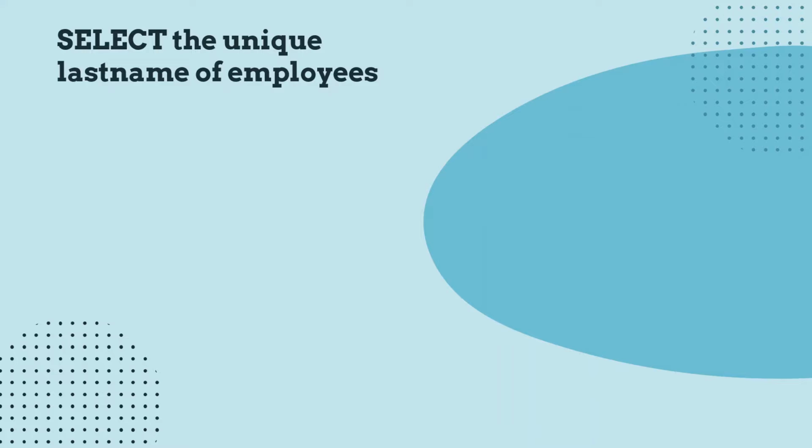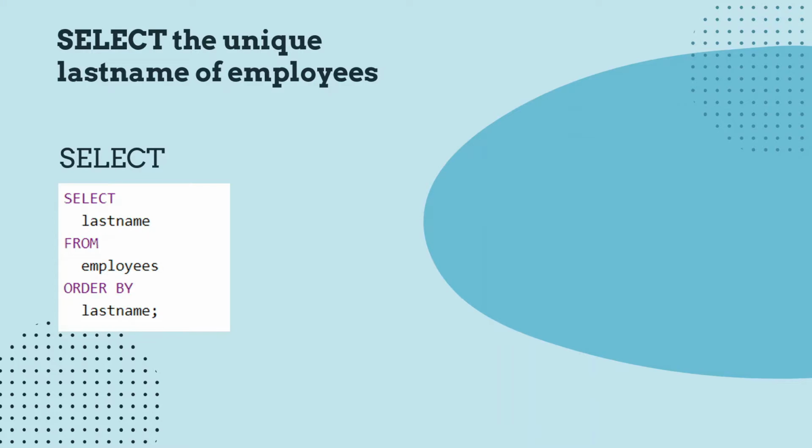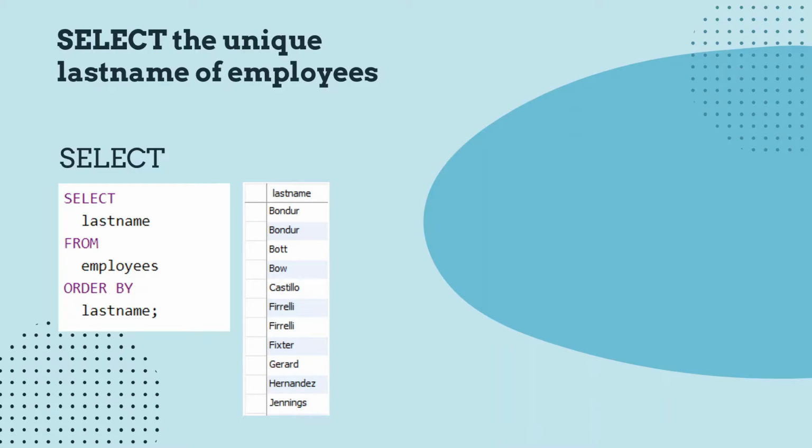First, we will see the result of selecting the last name of employees from the employees table using this statement. Select last name from employees, order by last name. Order by is used to sort the data, and the result will be like this. The duplicate last name is Firrelli.